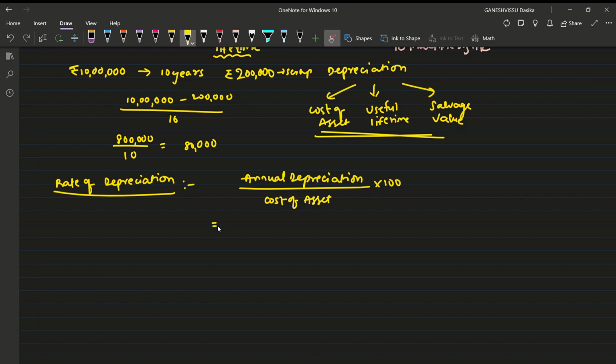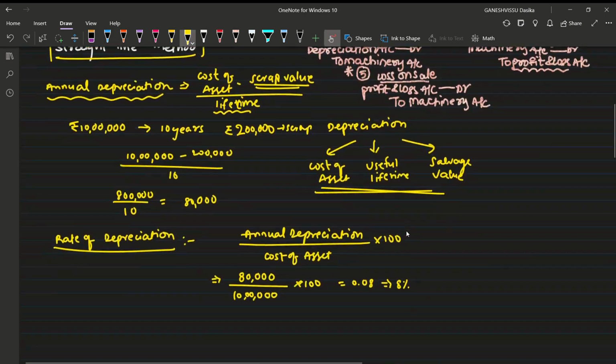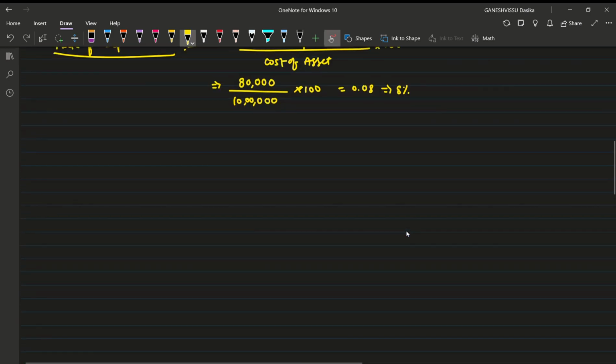That is, annual depreciation which is 80,000 divided by cost of the asset which is 10 lakhs into 100, which is 0.08, that is 8%. Okay, rate of depreciation is 8%. We are going to use the same rate of depreciation for charging the amount of depreciation here.